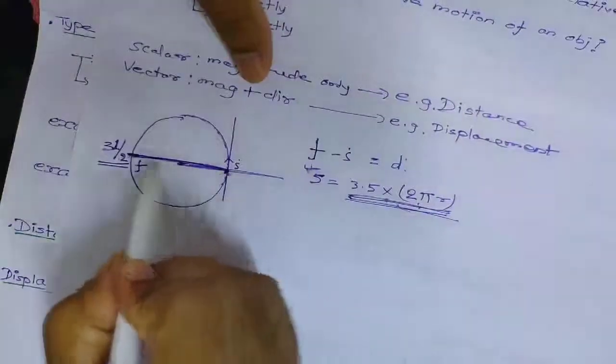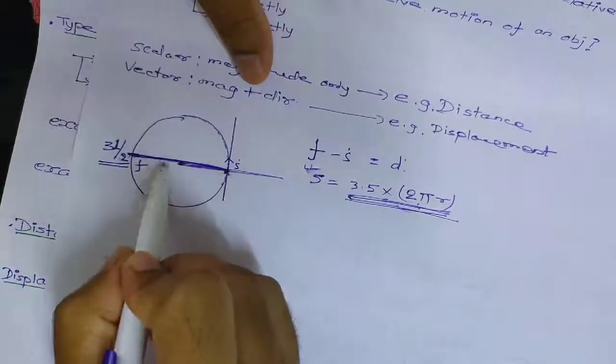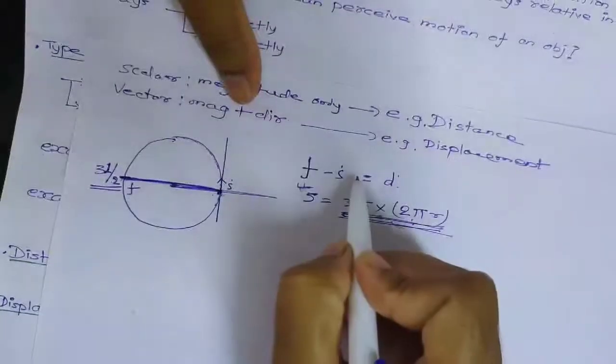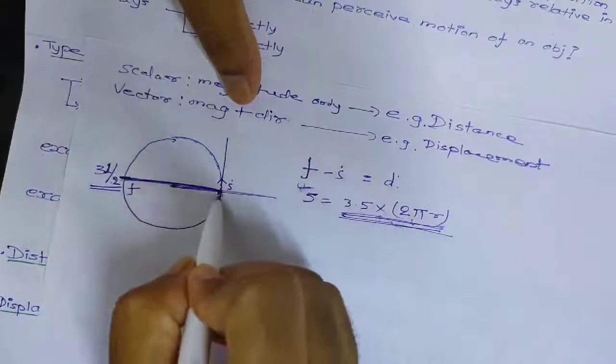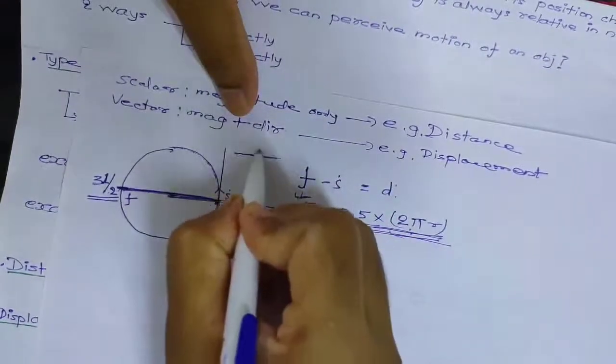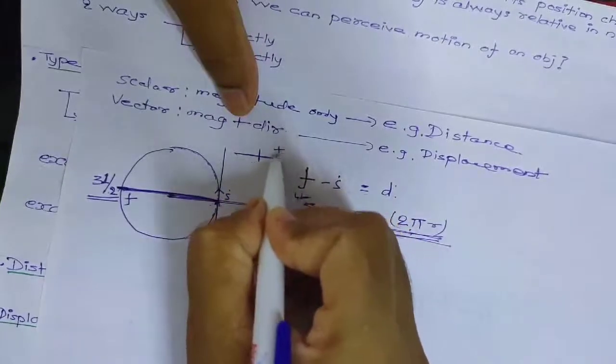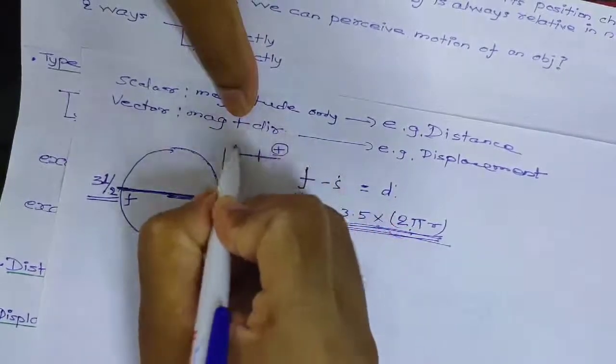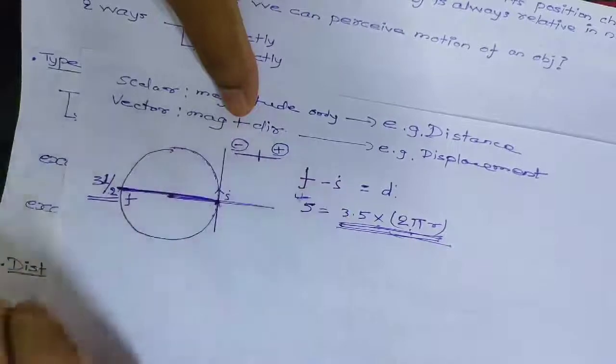Till now we know that the displacement, the shortest distance, is the diameter. In which direction did the displacement take place? Let us adopt a sign convention. Say the right side of the x-axis is positive and the left side of the x-axis is negative.